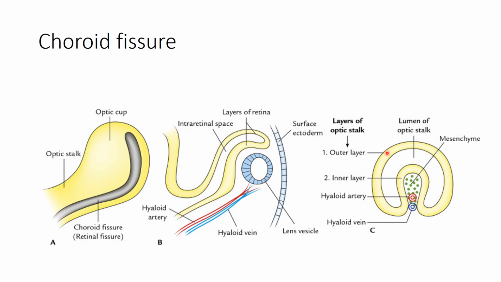Here is the optic stalk, the inferior aspect of which is the choroid fissure. And this choroid fissure, which is nothing but the mesoderm, forms the blood vessels and the mesenchymatous tissue. Here we can observe that the choroid fissure, which was carrying the mesoderm, has formed the hyaloid blood vessels, called the artery and the vein, which are also supplying the lens vesicle.